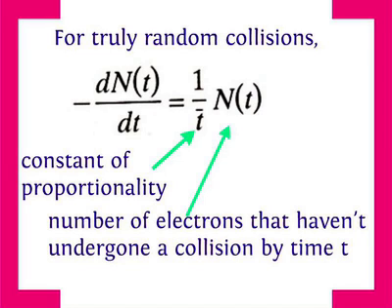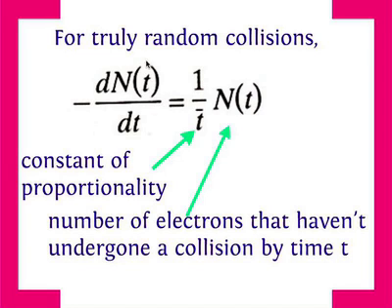What that means is that the probability of collision of an electron is a constant number because it's a random process. There is no reason it should depend on anything. It's a constant number. Mathematically, what that means from your basic probability is that you can write this equation.